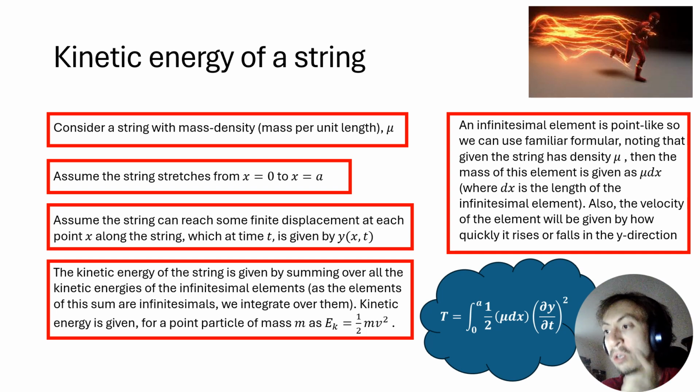To get the Lagrangian, we now need to get the potential energy. But we could use a very similar technique in terms of treating the string as being made up of infinitesimal elements. And we're also going to make very good use of the idea that the string, because it's a physically real string, is never going to have a point on the string which has infinite displacement.